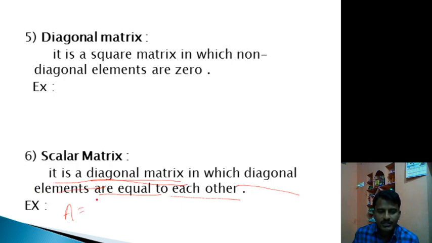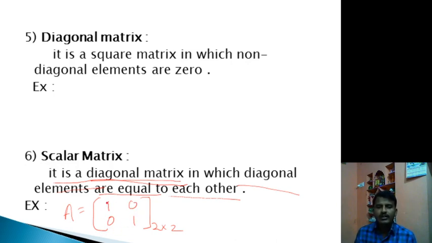For example, the first thing is a diagonal matrix. If it is a diagonal matrix, then a scalar matrix may exist. The elements are 1, 0, 0, 1. Is it a diagonal matrix? Yes. It is a diagonal matrix.